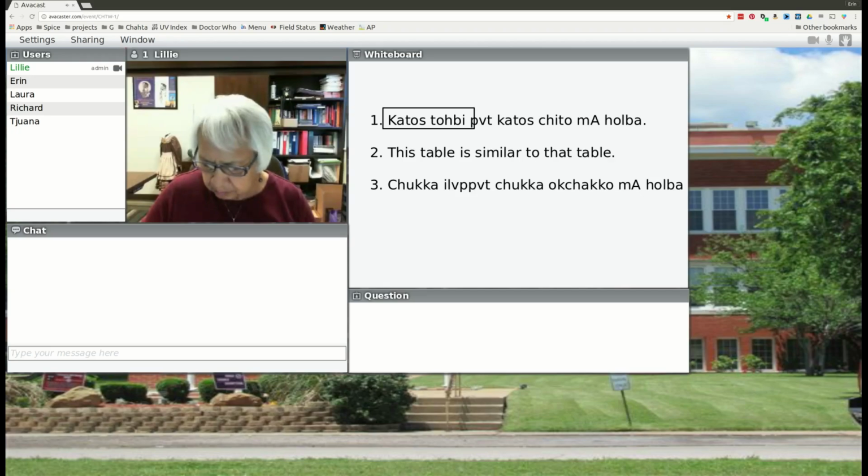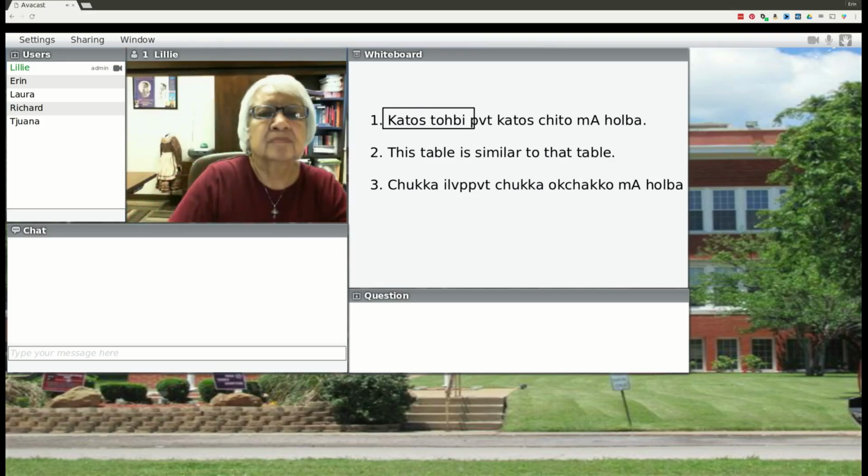This house doesn't resemble that blue house. This house doesn't resemble that blue house. If you choose to write the word for similar, use the word similar. This house isn't similar to that blue house. Do you have any questions?